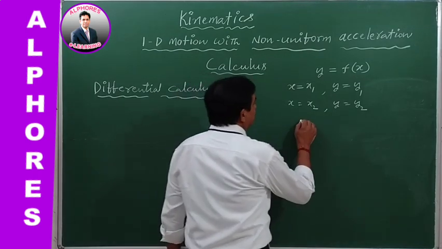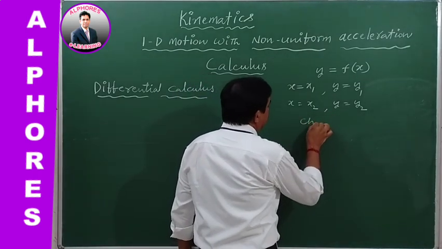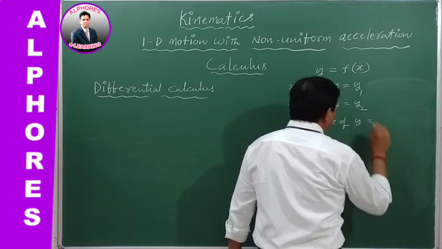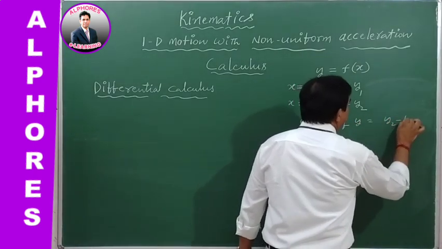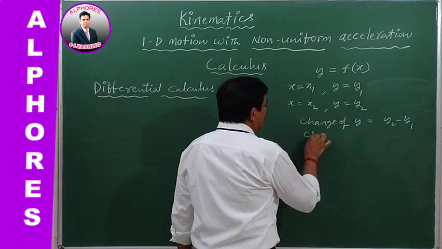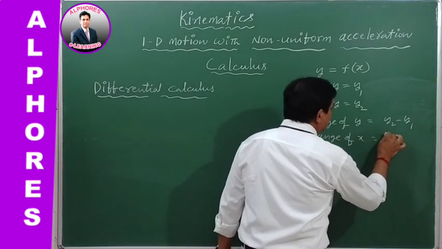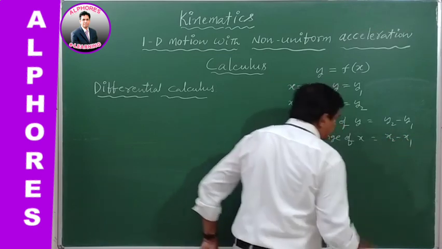Now, the change of y is how much? y2 minus y1. The change of x is equal to x2 minus x1.